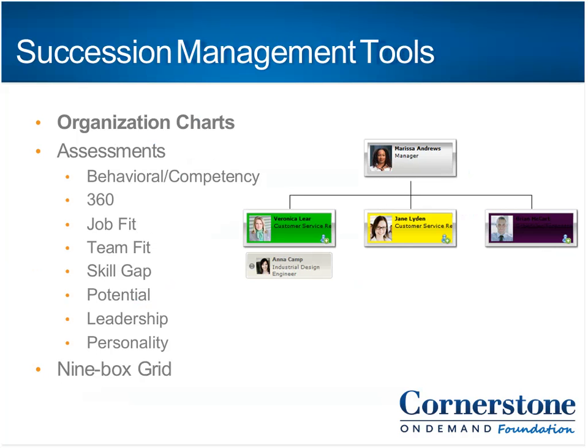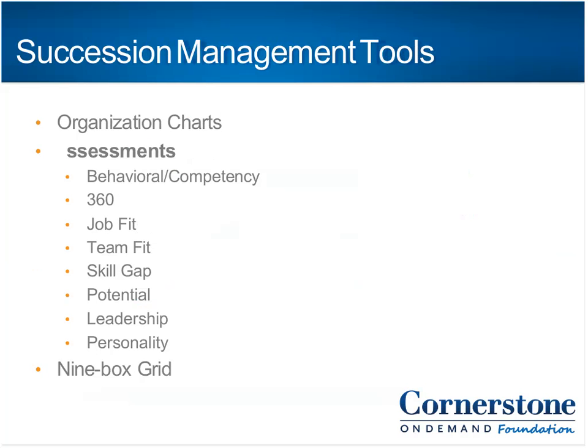Org charts are used to provide a visual view for executive management. It is used in talent review discussions, so executives can see a broader view of the organization. It's usually used in organizational planning. Again, it gives you that overview and a really nice visual view.